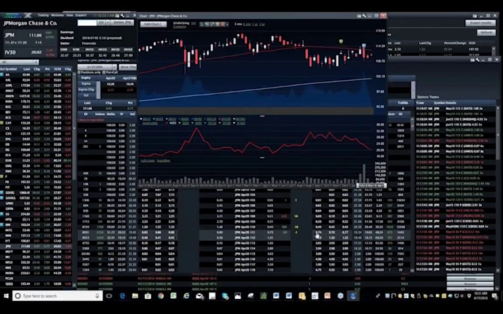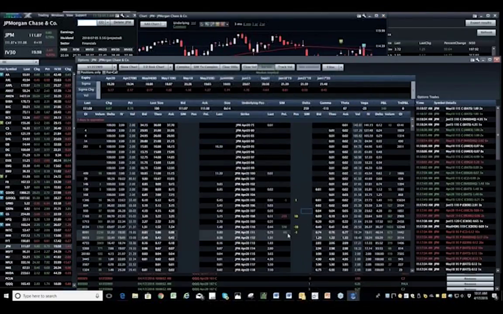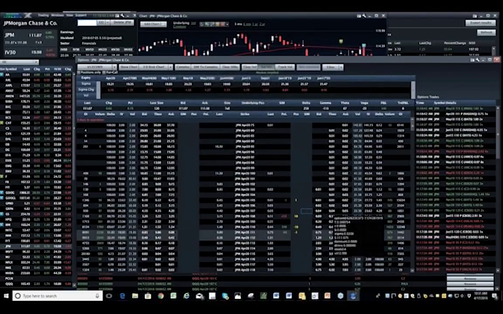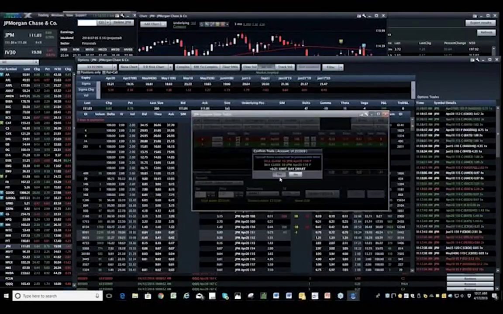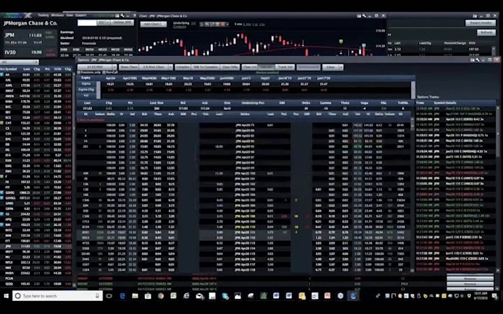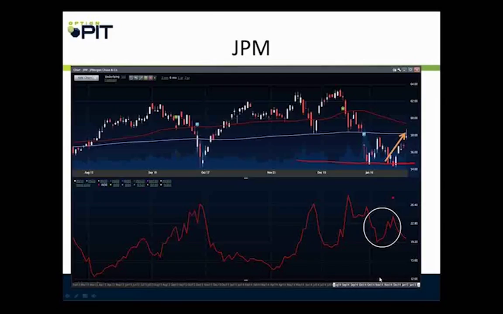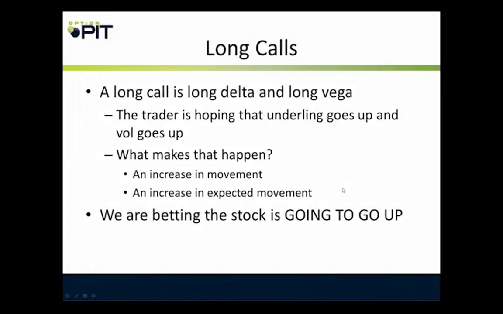So what did I do? I did the April 110-108 put spread. I sold it at 55 cents. It's 30 now. I'm going to drop a 21-cent bid in there. That is what I'm doing.